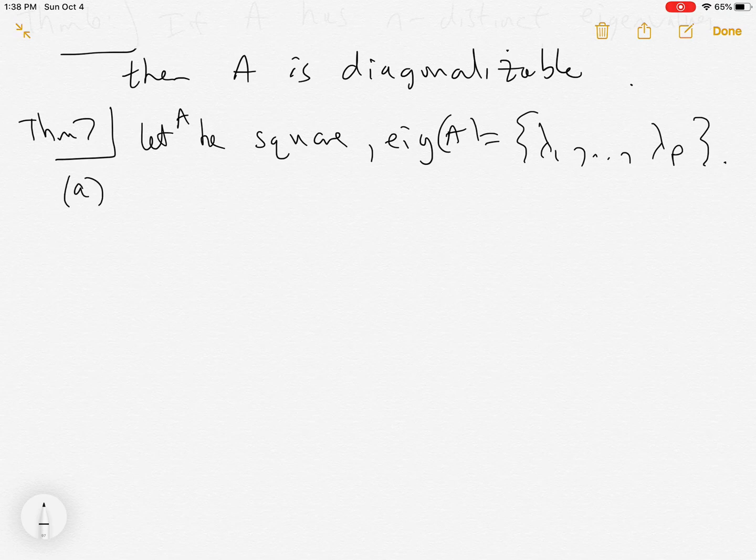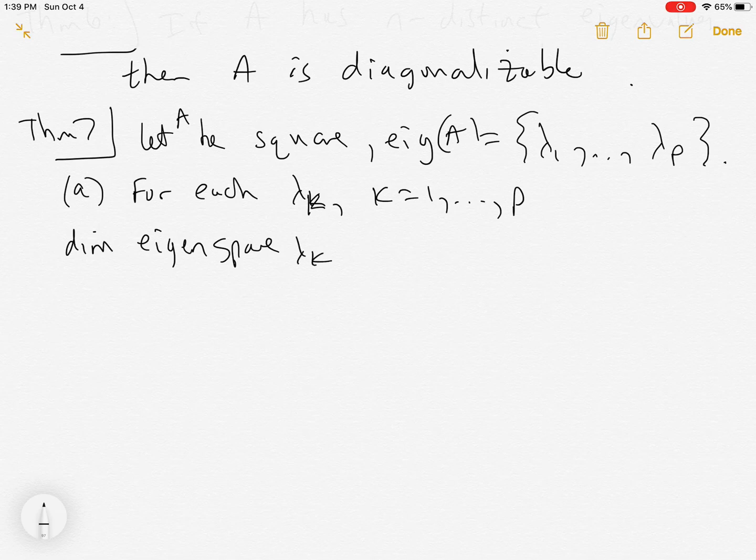All right, so for each lambda sub k, k equaling 1 down to p, so k is our index here: the dimension of the eigenspace of lambda sub k is less than or equal to the algebraic multiplicity of lambda sub k.